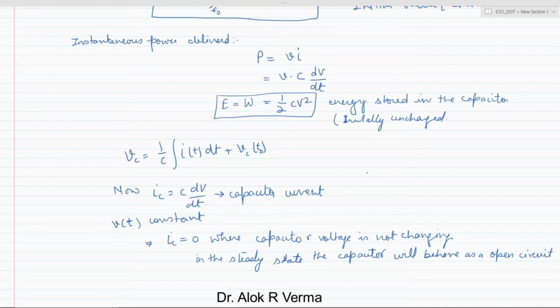So the capacitor will be behaving like this when fully charged or in steady state. This is how a capacitor will behave at t equal to infinity.